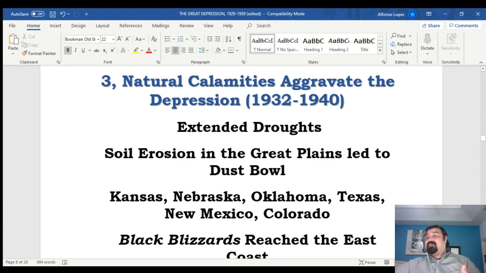Even if humans were to rapidly and quickly try to solve the problem and reorganize the economy, there's the problem of nature, because during that decade, there were extended droughts all over the planet. Not only in the United States, all over the planet. Droughts in Latin America, North America, Africa, Europe, Asia, worldwide.